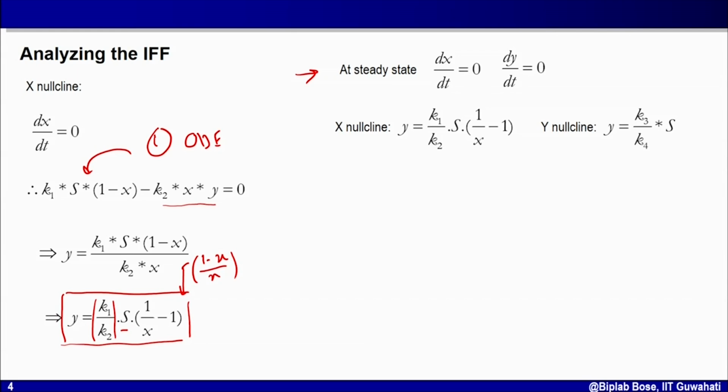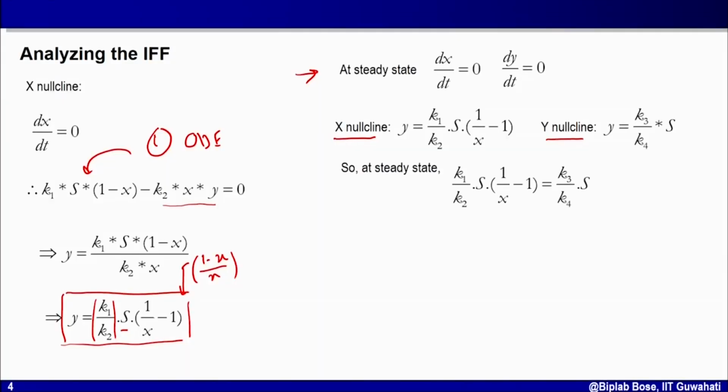My null-clines are given here. X null-cline is this one, y equal to k1 by k2 s into 1 by x minus 1, and y null-cline is y equal to k3 by k4 into s. So I can solve this by equating these two null-clines because I want to find out the x and y value at the intersection of these two null-clines.